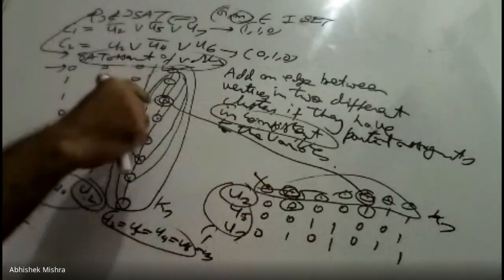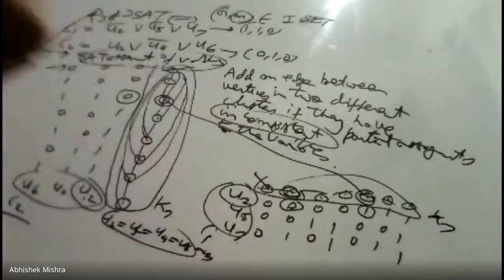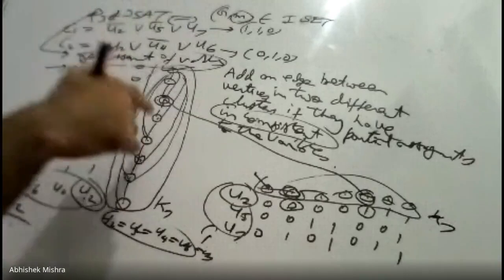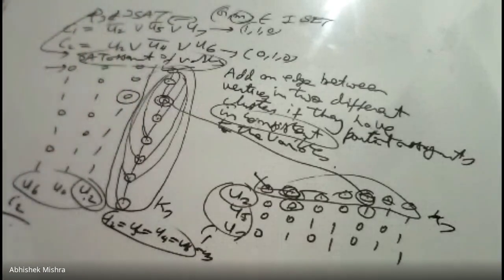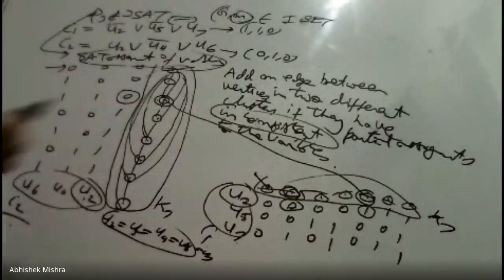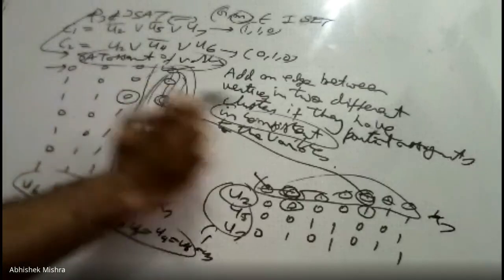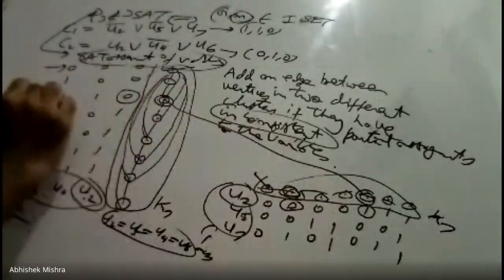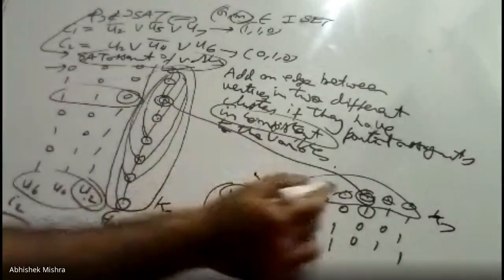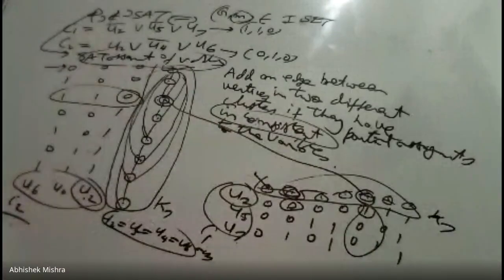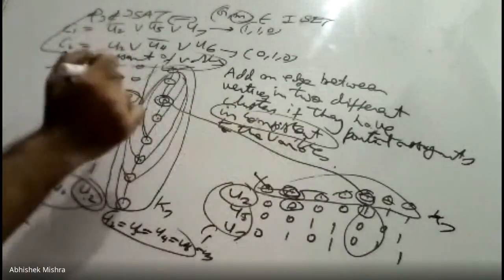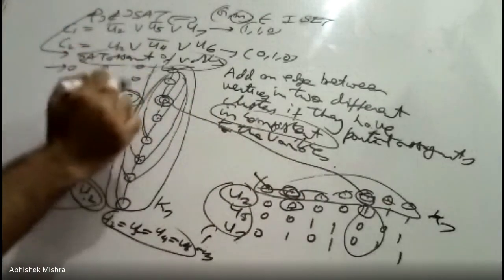So the only possibility is to choose one vertex from each cluster. Suppose we have chosen one vertex from each cluster. Then it will not be an independent set. Why? Because the formula is not satisfiable. Simply consider the corresponding assignments; because not all clauses are satisfied, you will find at least one inconsistency.